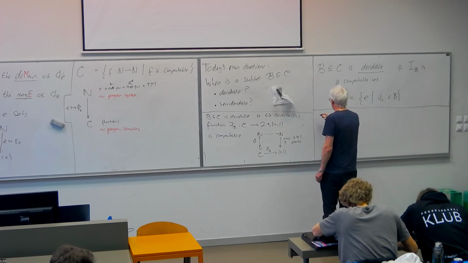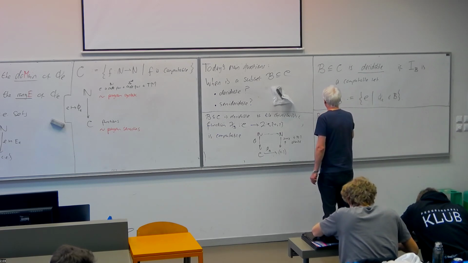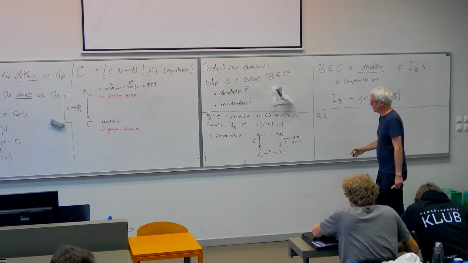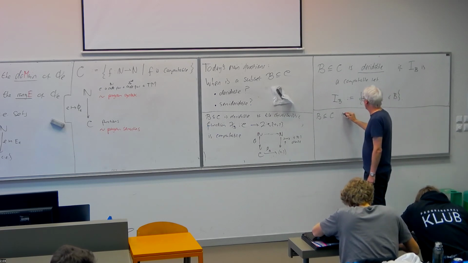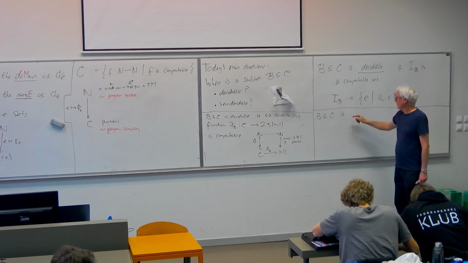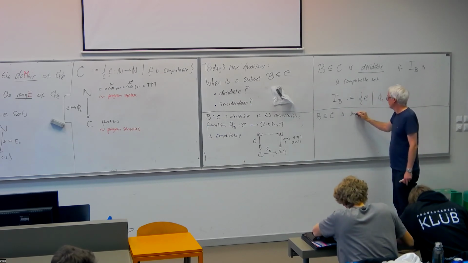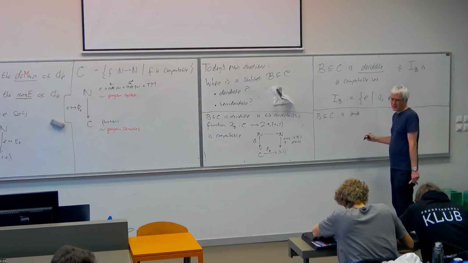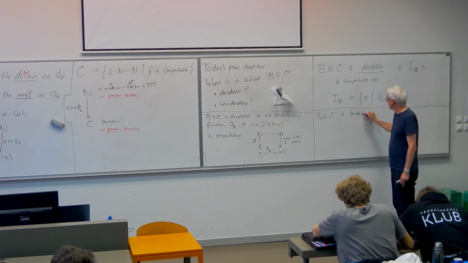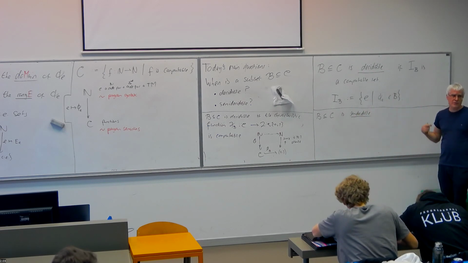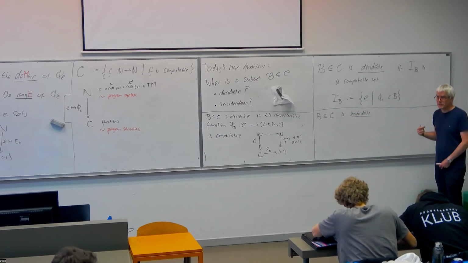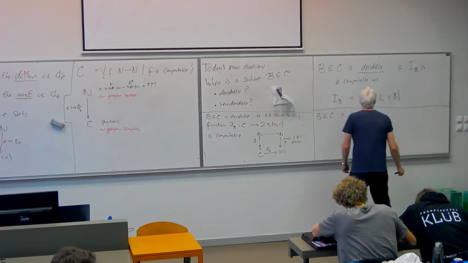Okay. And similarly, I won't go through the argument and picture again, but if you work it out, remember we call a subset of a represented set semi-decidable if the partial characteristic function is computable.